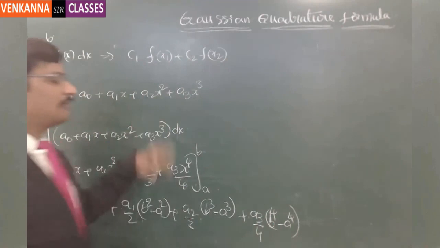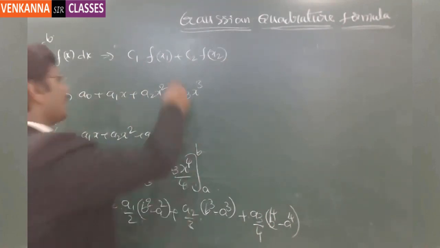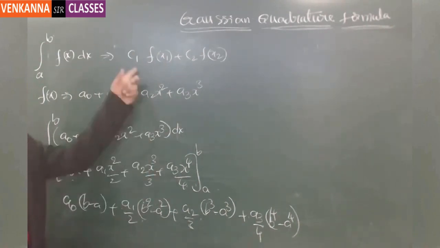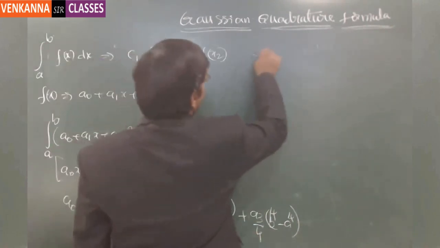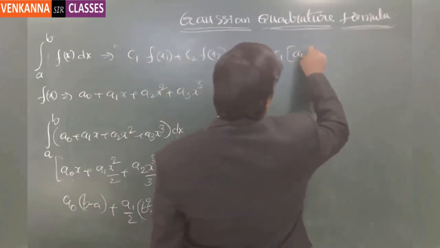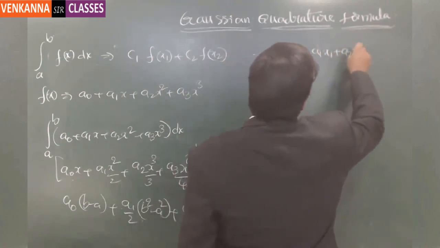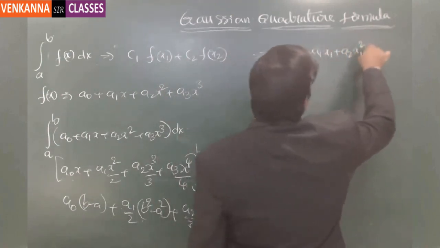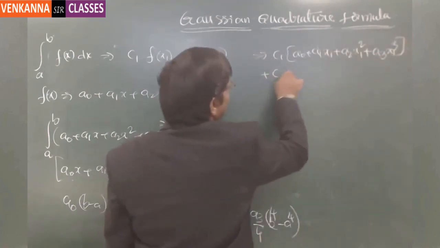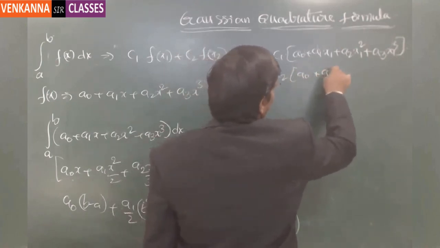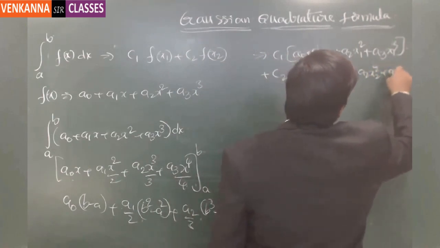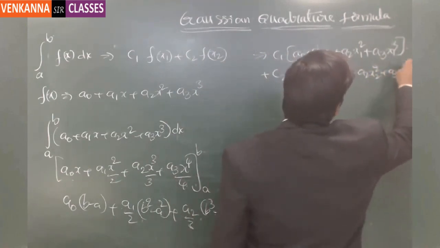Now the corresponding values on the right side: f(x) is equal to a0 plus a1 x plus a2 x square plus a3 x cube. If you substitute here, c1 gets multiplied by f(x1), so this is a0 plus a1 x1 plus a2 x1 square plus a3 x1 cube, plus c2 times a0 plus a1 x2 plus a2 x2 square plus a3 x2 cube.